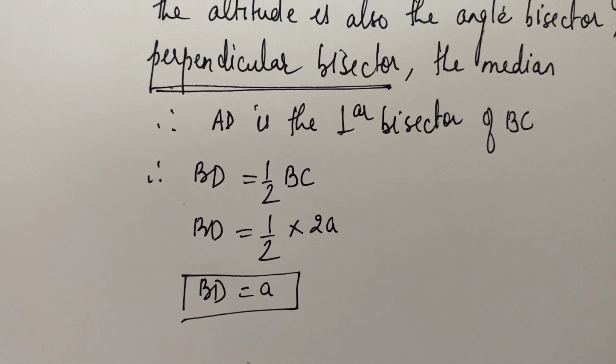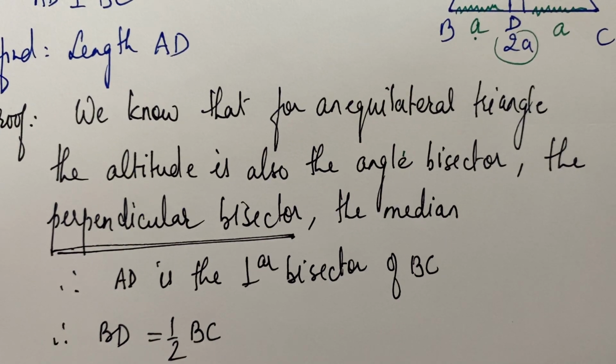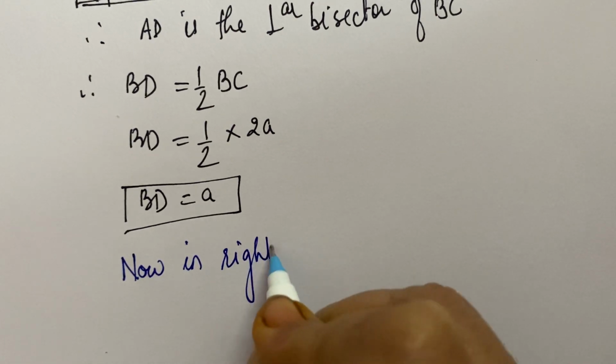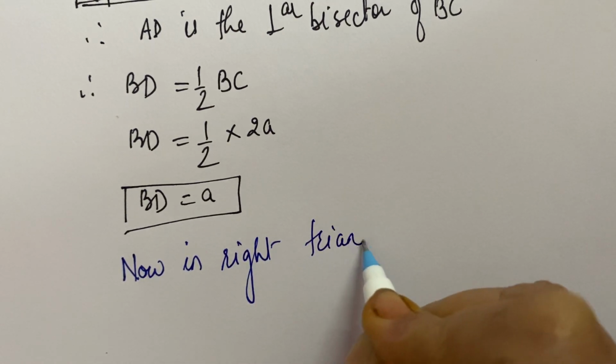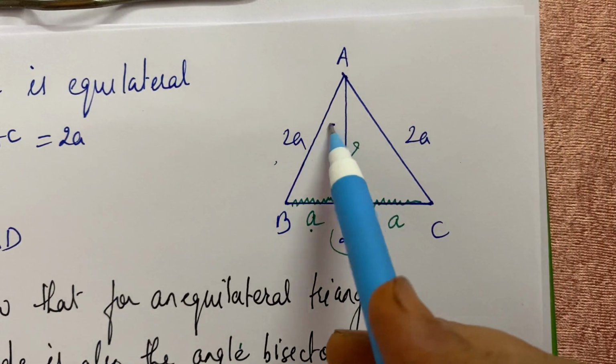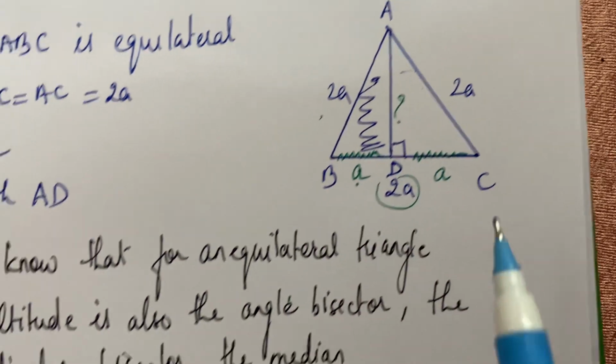Now we can apply Pythagoras theorem. Now, in right triangle ABD, I hope you can see this in the figure. This is a right triangle ABD. I am taking ABD.